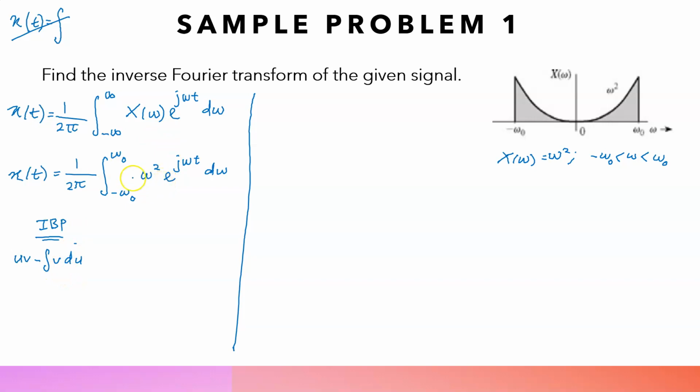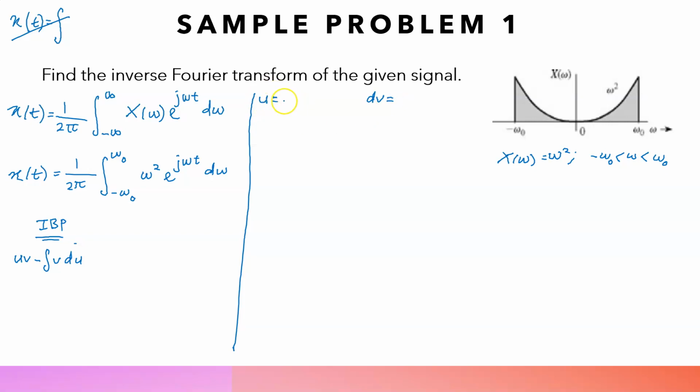But you want to make sure that whichever you choose for u is the one that is easier to differentiate, and the one that you choose as dv, you will integrate to get v, so it is the one that is easier to integrate.